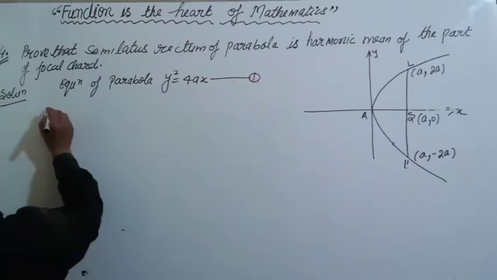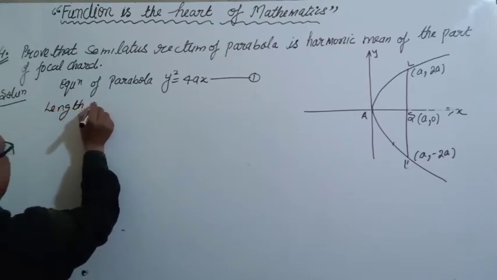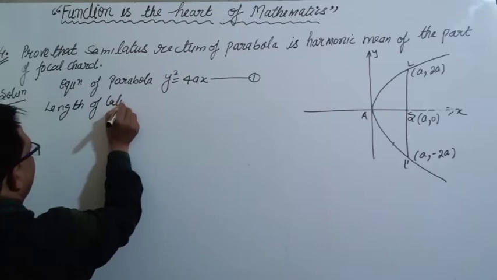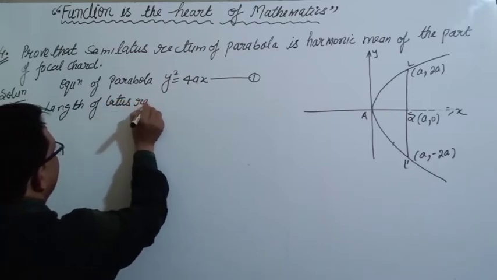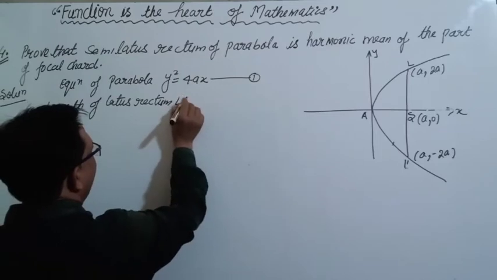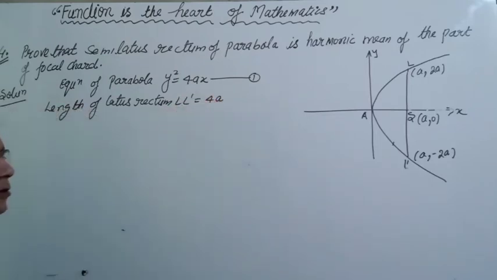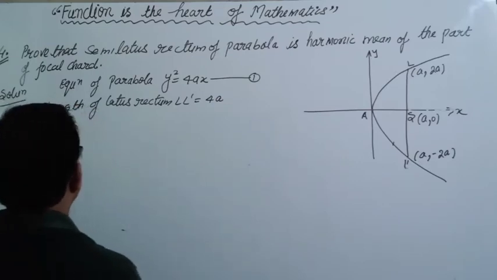The length of the latus rectum, in the figure LL dash, is 4a. This is the length of the latus rectum.